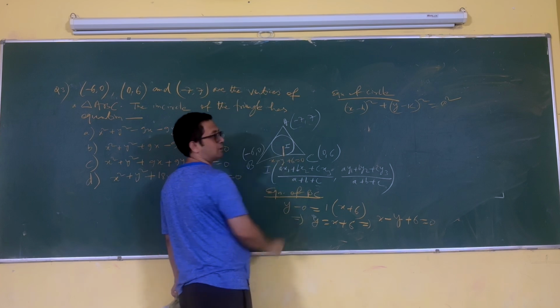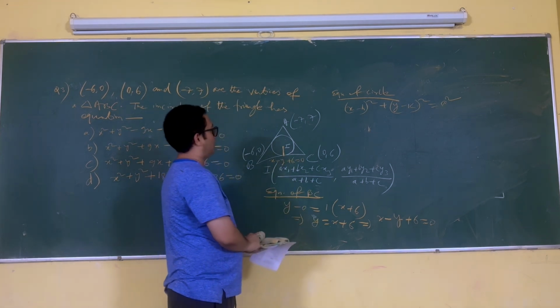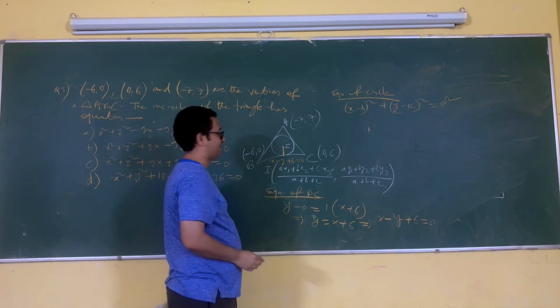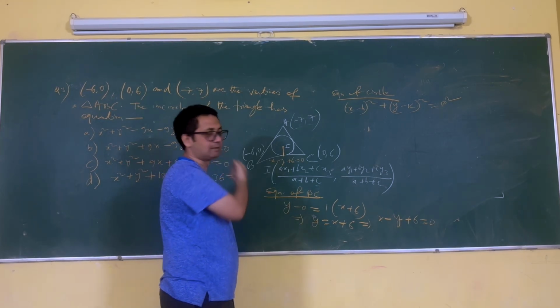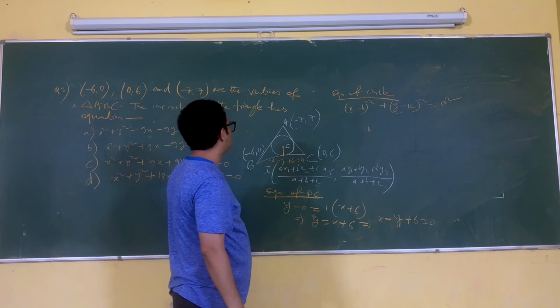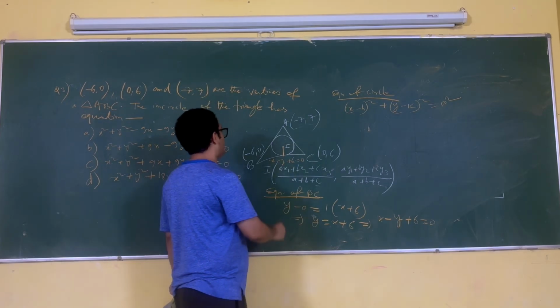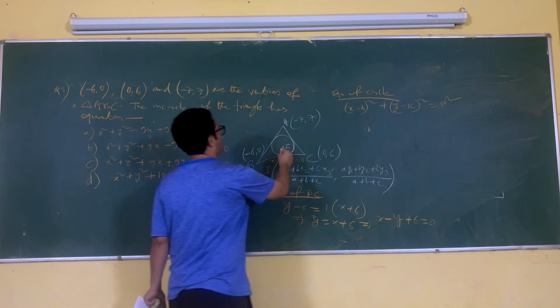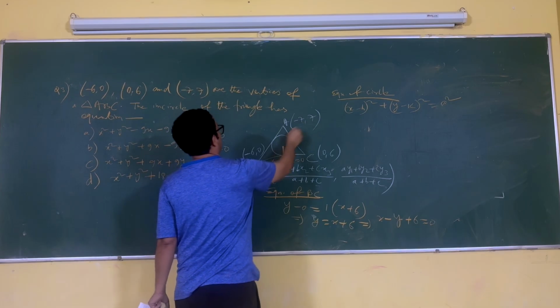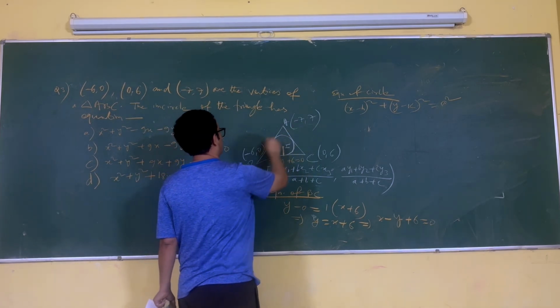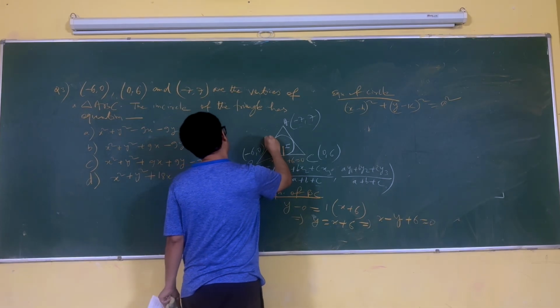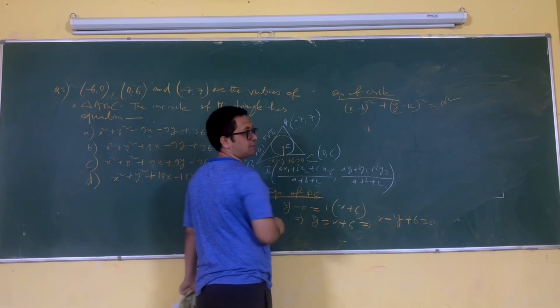Now we have to find the center of the in circle. So for this we need to get the lengths AB, BC and AC. AB: 7 minus 0 is 49 square, and then minus 7 plus 6, so root under 50, so 5 root 2. 5 root 2 is AB.